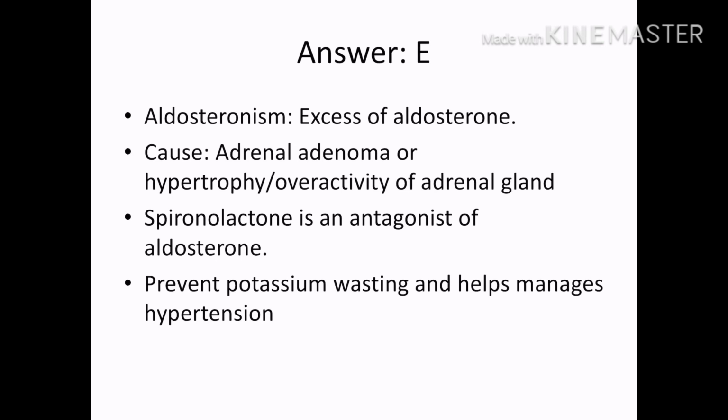Spironolactone is the treatment of choice for aldosteronism. Aldosteronism can be due to adrenal adenoma or hypertrophy of the adrenal gland. Spironolactone prevents potassium wasting and helps manage hypertension.